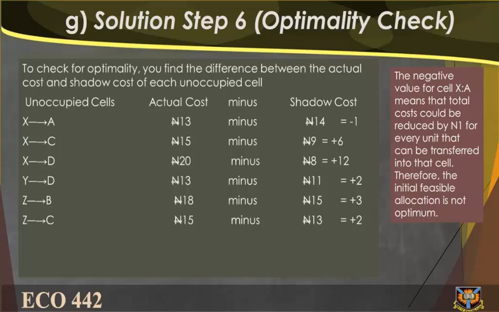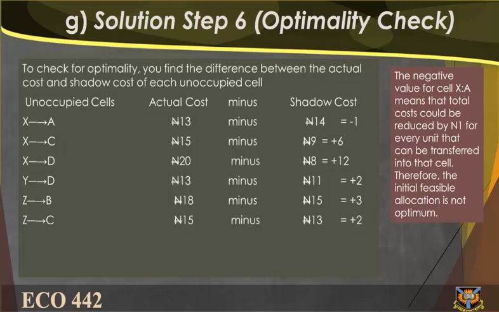Minus shadow cost: 14 naira equals minus 1, 9 naira equals plus 6, 8 naira equals plus 12, 11 naira equals plus 2, 15 naira equals plus 3, 13 naira equals plus 4.